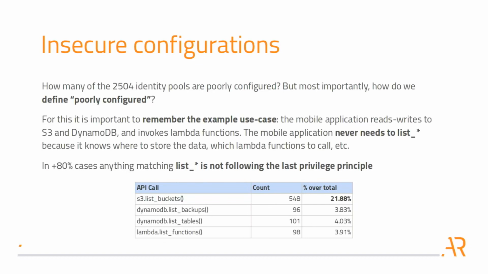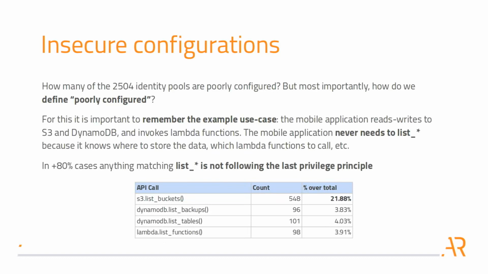So just one permission being enabled here doesn't necessarily mean it's insecure in the other application, and the other way around. But I was able to identify some API calls that, in my opinion, are always an indicator of insecure configurations. So let me show you which API calls those are.